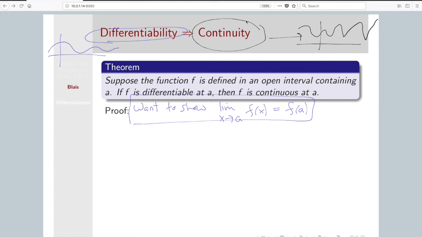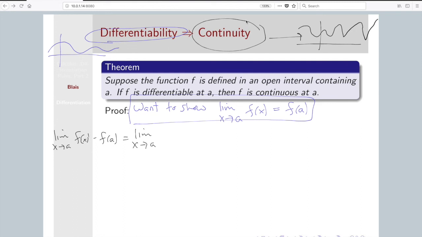So the way that we'll do this is, let's look at the difference of these two. So we're going to look at the limit as x goes to A of f of x minus f of A. And of course, f of A does not involve x at all.